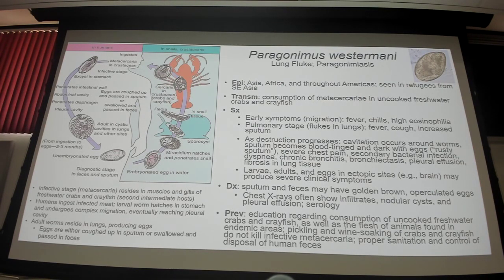So here is, like I said, it's a lung fluke, so this has a pretty involved migration that it has to undergo. You swallow it, it migrates out, for instance, it goes into the liver for a while. These are teeny tiny larvae, right? So they're small, they haven't matured into adults. Once they get out to the liver, they get picked up into circulation, they move through the diaphragm, up through the abdominal cavity.